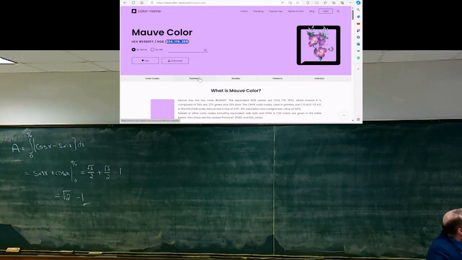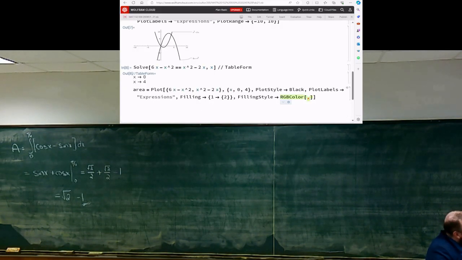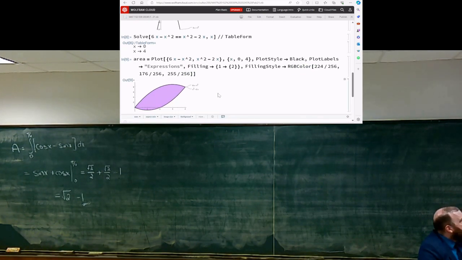That looks like a cool color. There's our region. Now you can clearly see from here, right? Larger, 6x minus x squared. Smaller, x squared minus 2x.